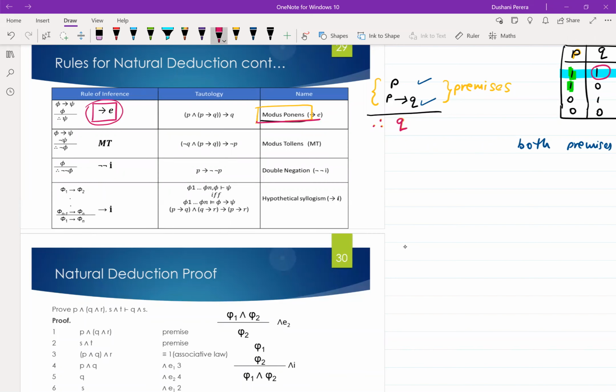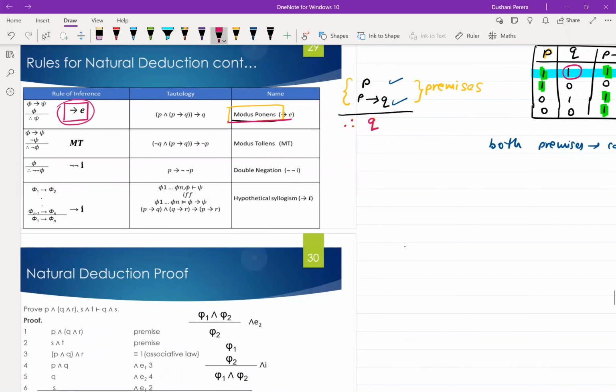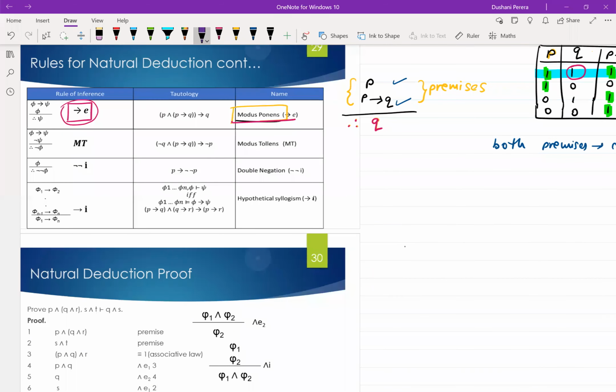So what does this mean? Arrow and E means E stands for elimination. What do you mean by elimination? Now you had P and Q both in this premise, but you eliminated P and you are only taking Q. Elimination.